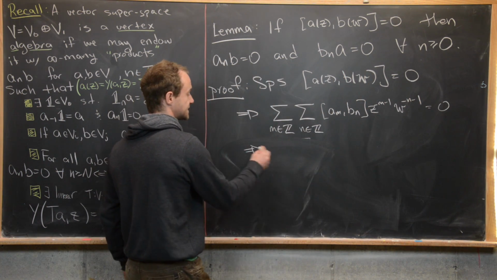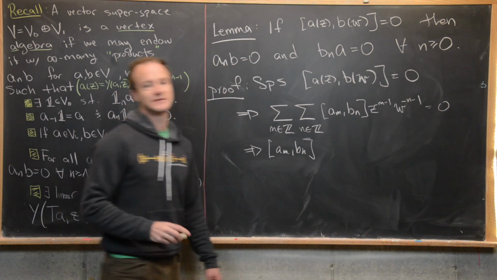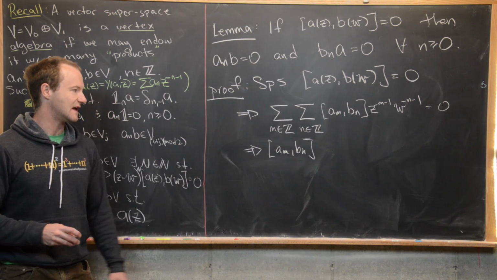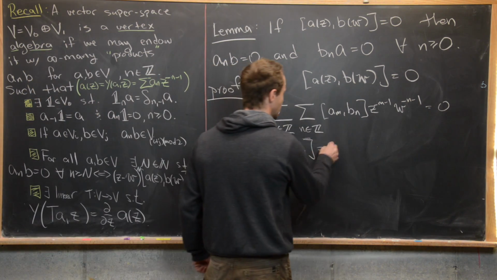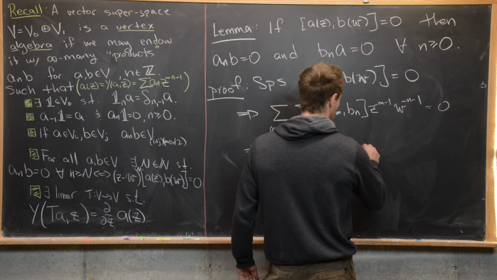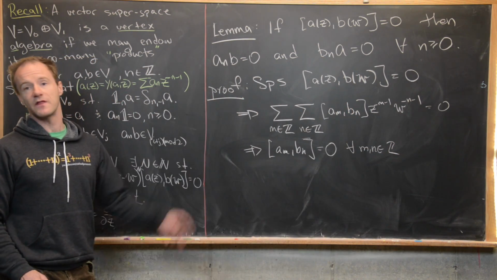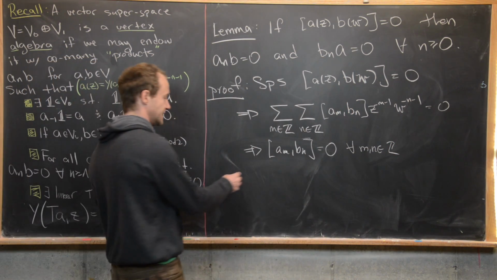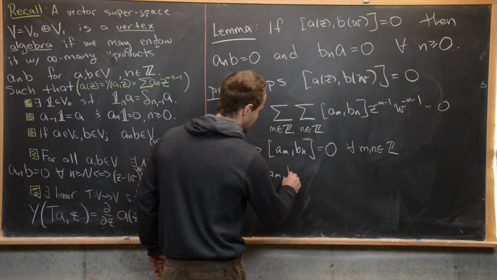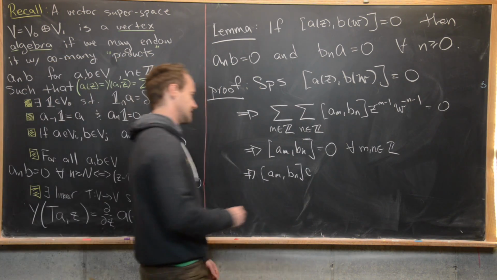In other words, the commutator of A_m and B_n, where we think of those as maps associated to the mth product with A and the nth product with B, is equal to 0. And this has got to be true for all m and n in Z. But now if those, thought of as maps, are equal to 0, then that means if we evaluate them at another vector c, we will also get 0.